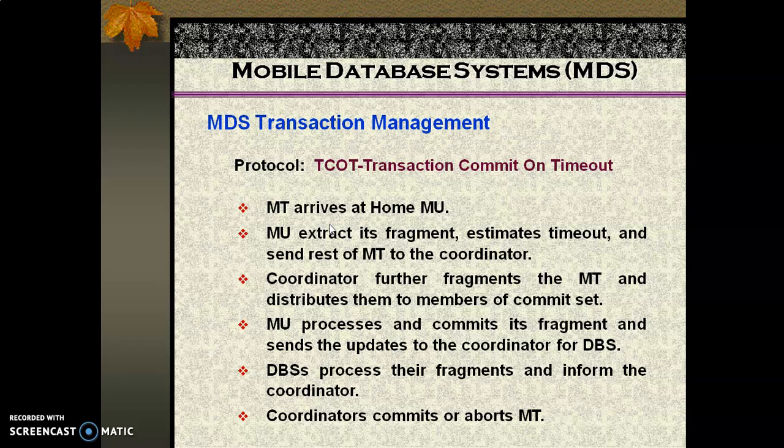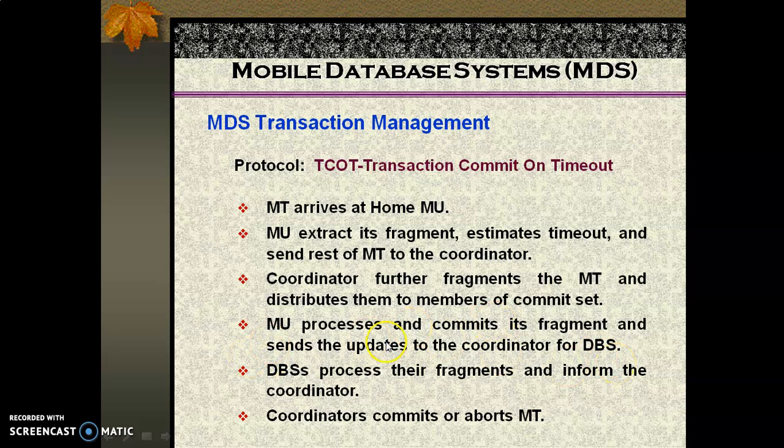When the mobile transaction arrives at the home mobile unit, the mobile unit extracts its fragment, estimates the timeout and sends the rest of the mobile transaction to the coordinator. The coordinator further fragments the mobile transaction and distributes them to the members of the commit set.